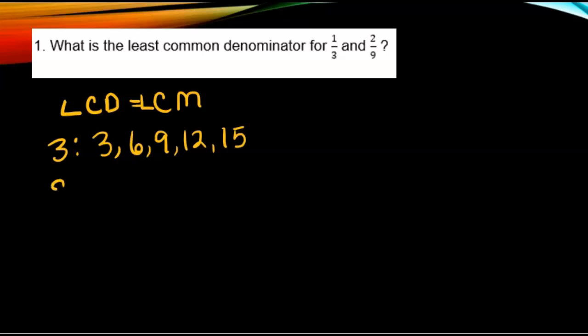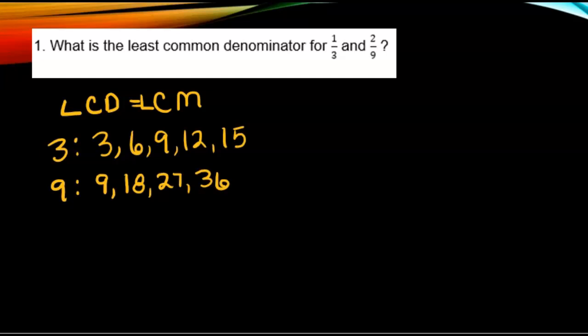So let's look at the multiples of 9. We start with 9, and then 9 times 2 is 18. We count by 9s. 9 times 3 is 27. 9 times 4, 36. Okay, we can stop.